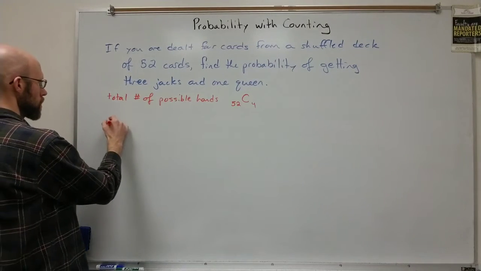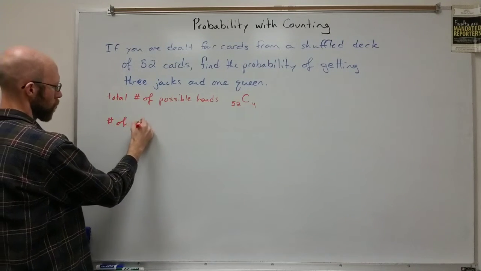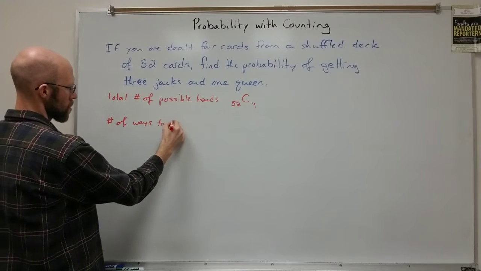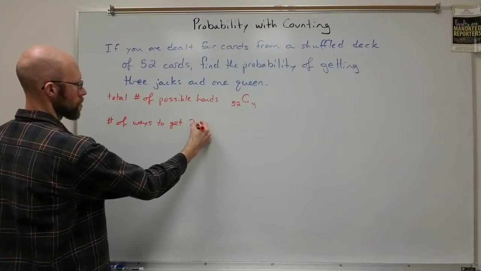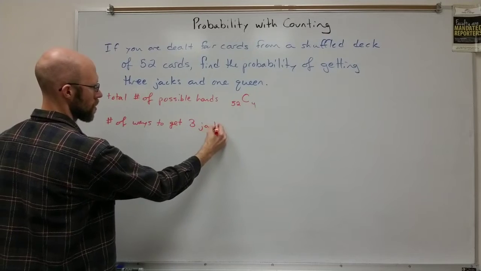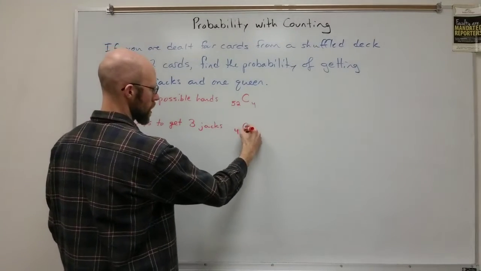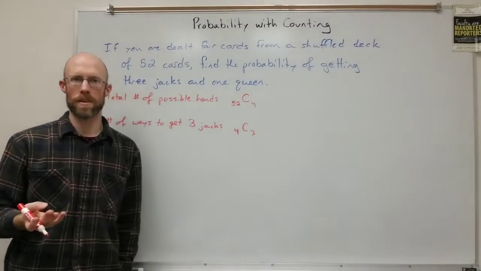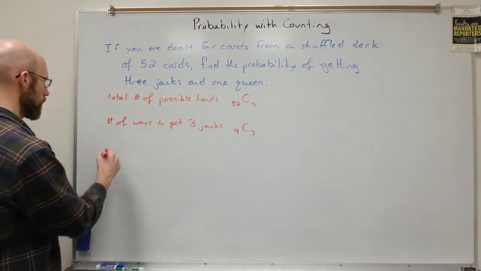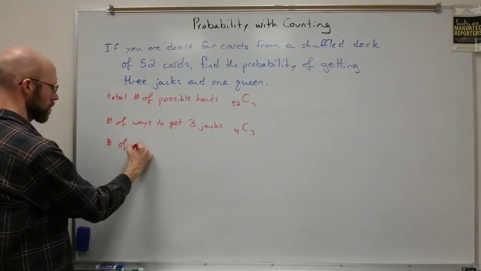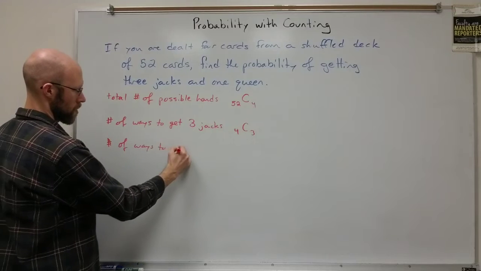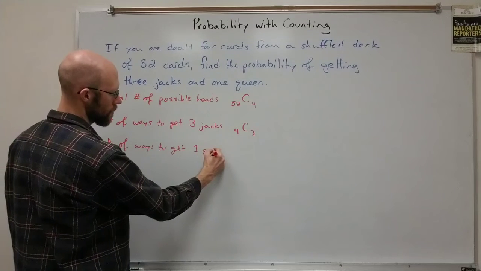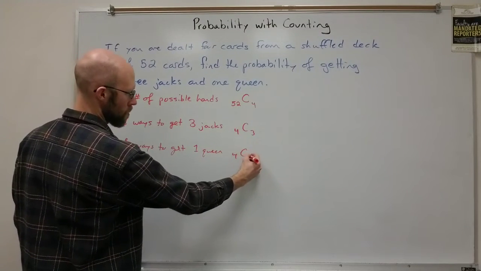Then you want the number of ways to get 3 jacks. Well, that's going to be 4 jacks, choose 3. There's 4 of them out there, you get 3 of them. The number of ways to get 1 queen, well, there's 4 of them, you choose 1.